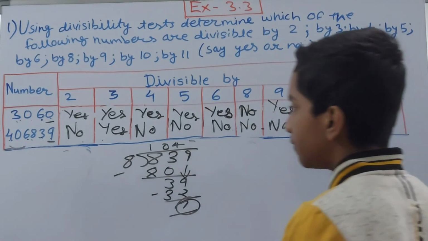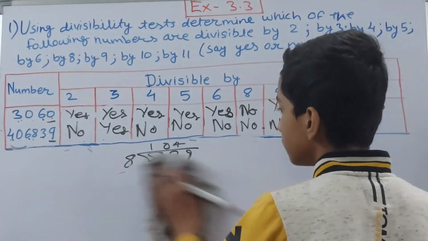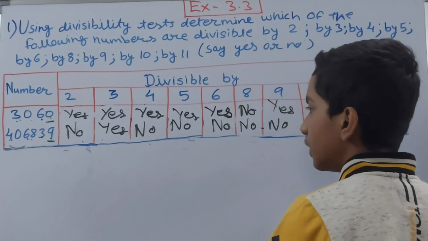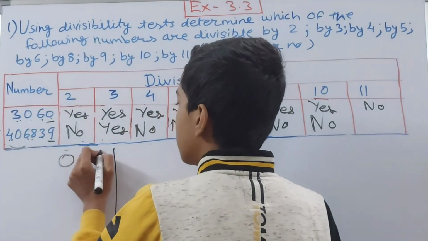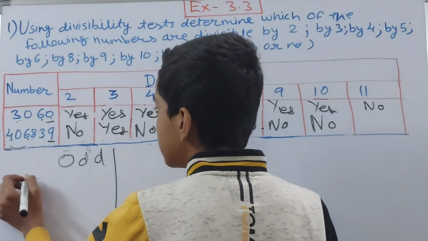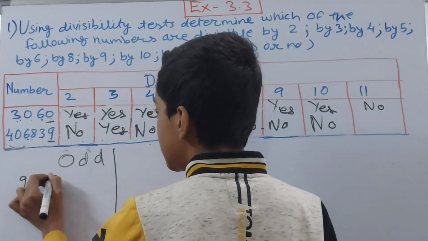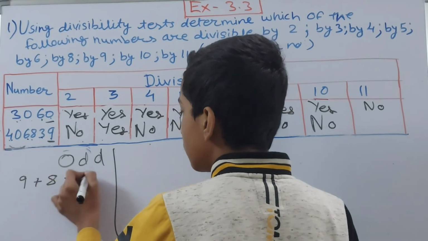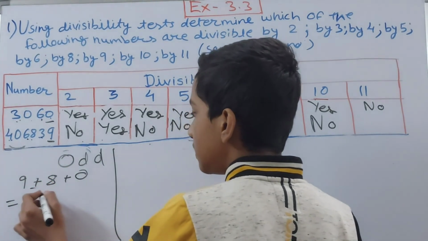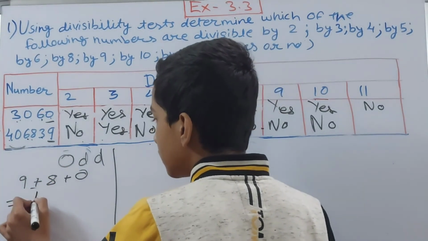Now we will solve for 11. So digit at the odd place in this is what? It is 9. 9 plus 8 plus 0, or let's just add that. So 9 plus 8 is going to be 17, right?